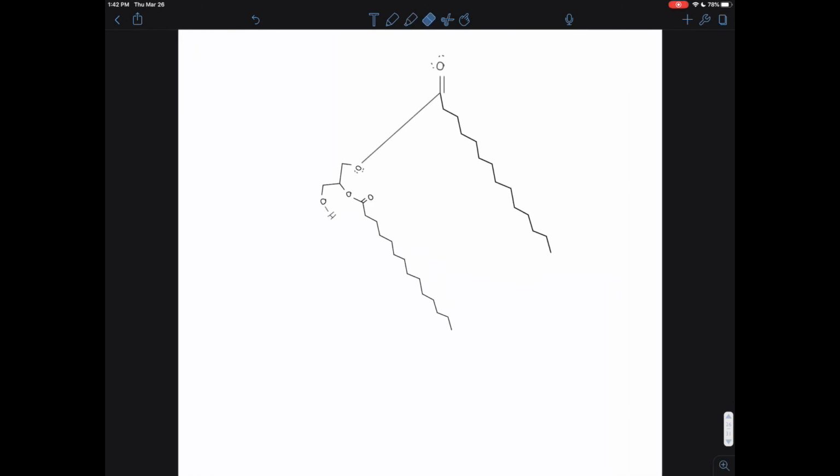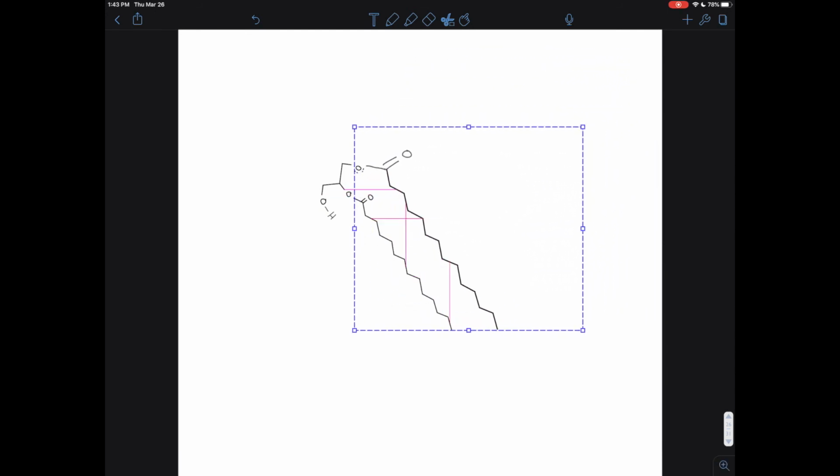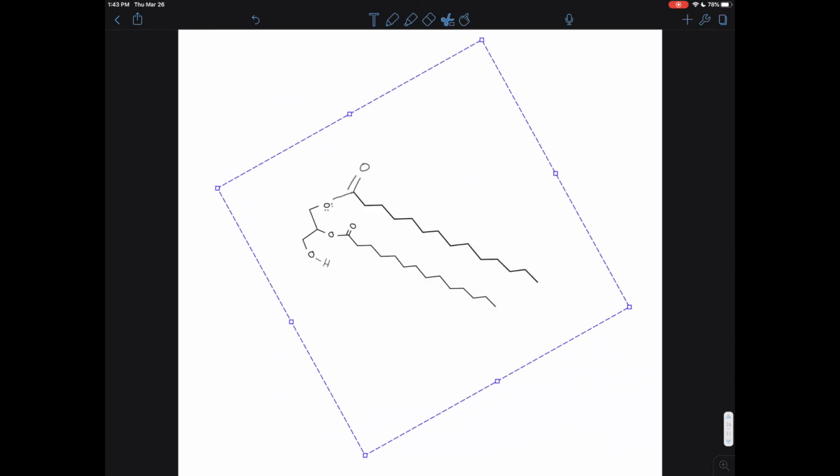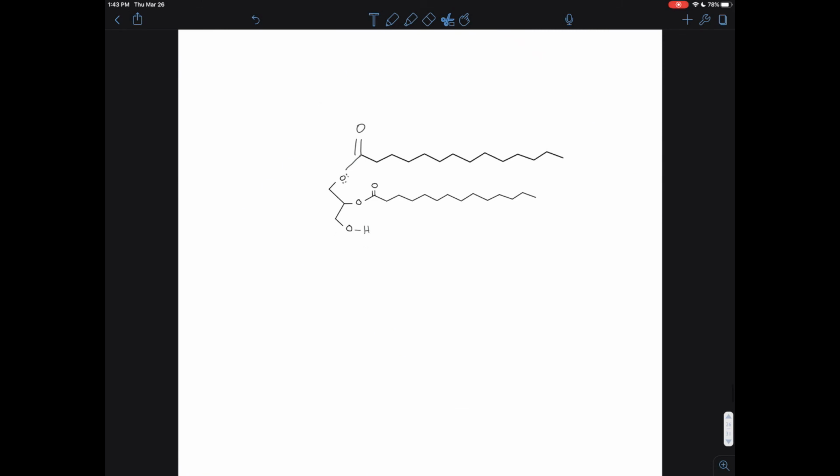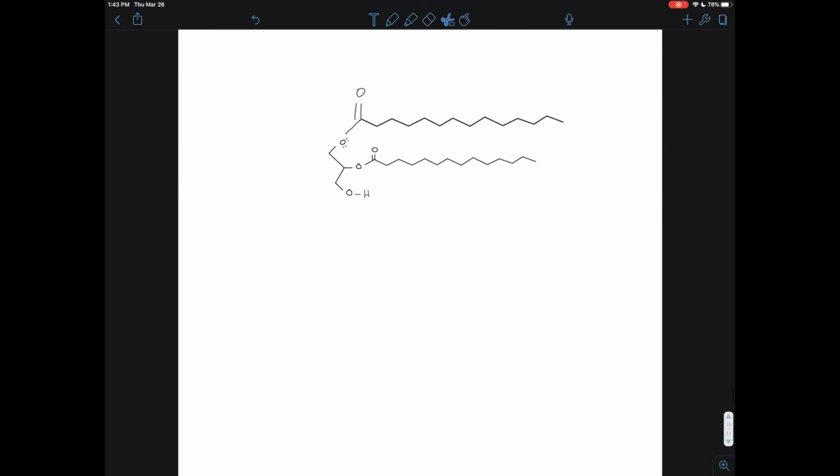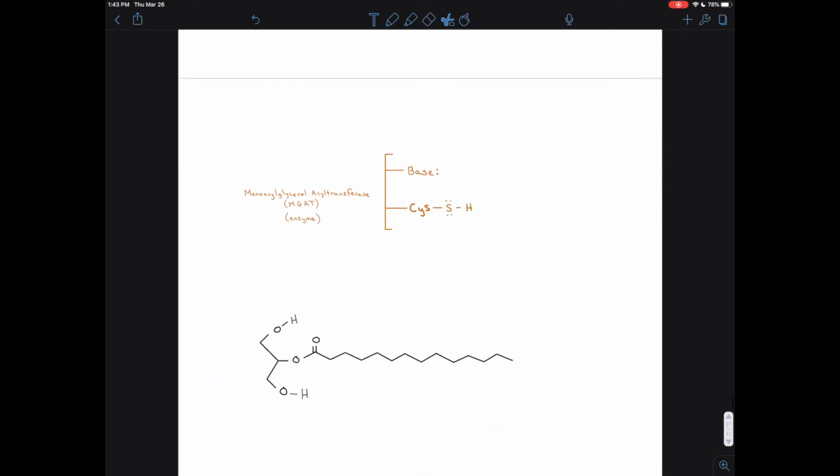So actually I can redraw this just so it looks a little more intuitive. Let me move this oxygen over just a little bit. There we go. And that bond there can go and attach to this oxygen here. So you get a somewhat better sense about how we've attached that group there.